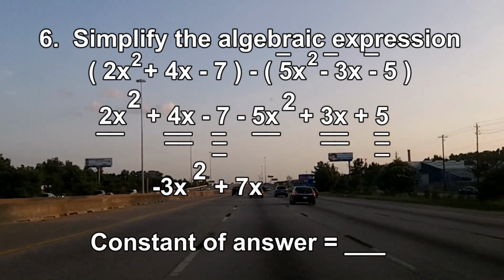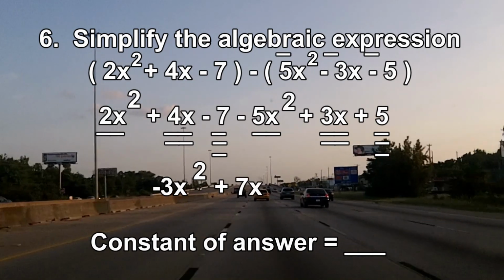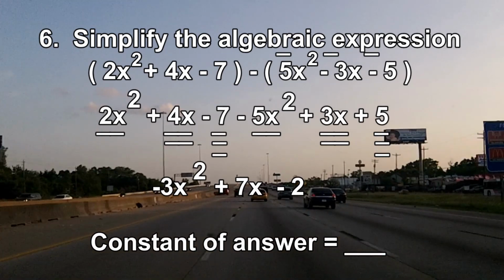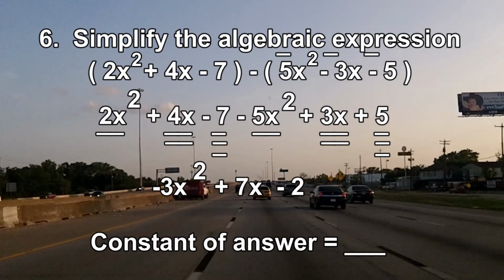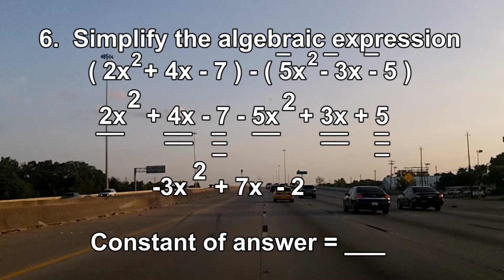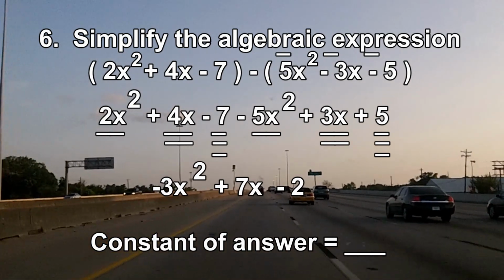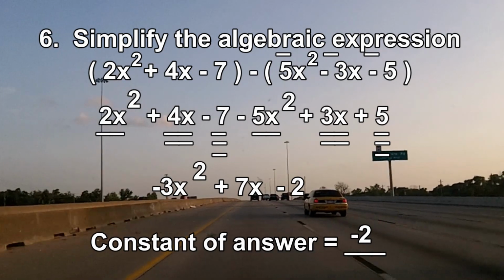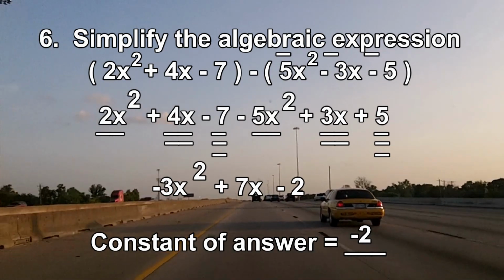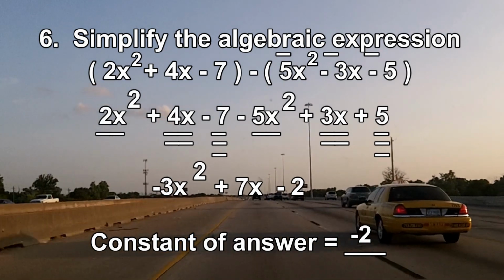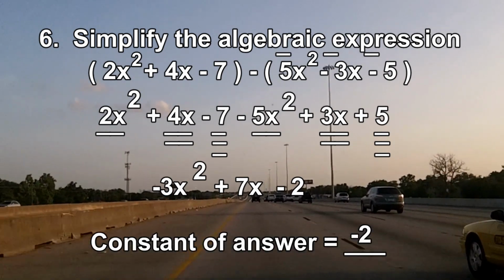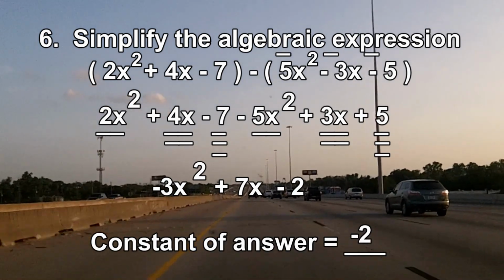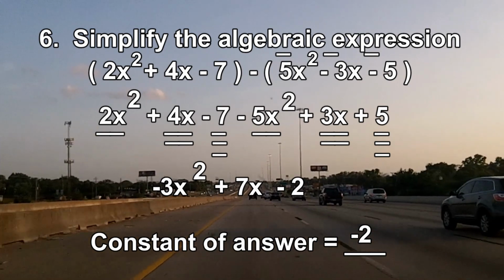If you were to combine 4x plus 3x, you would get positive 7x. And if you were to combine negative 7 and positive 5, you would get a negative 2. The constant of the answer is the number without a variable, or negative 2. So if you were to simplify the algebraic expression, you would get negative 3x squared plus 7x minus 2, and the constant of the answer would be negative 2.